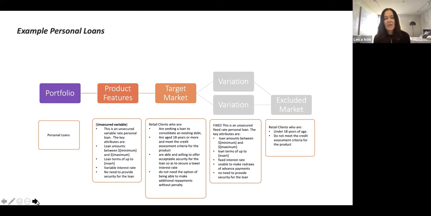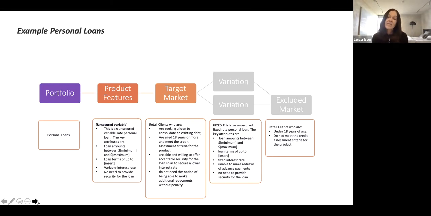Obviously, if you're thinking about the excluded target market, it's the reverse of that. So I'm setting a nice, clear data point that they're under the age of 18. And there's lots of other examples of that. But if we mirror those across and check them against our target market, it gives us more clarity with that exclusions and what we need to focus on.